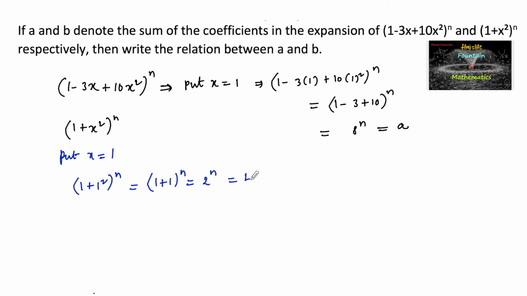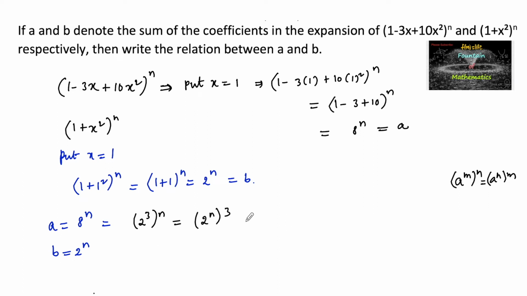Say this is B. So we have A is equal to 8^n and B is equal to 2^n. So 8^n we can also write as (2^3)^n, and by using the property (a^m)^n is equal to (a^n)^m, both are the same, so we can write (2^n)^3, and since 2^n is nothing but B, this is B^3. So therefore the relation between A and B is A is equal to B^3.